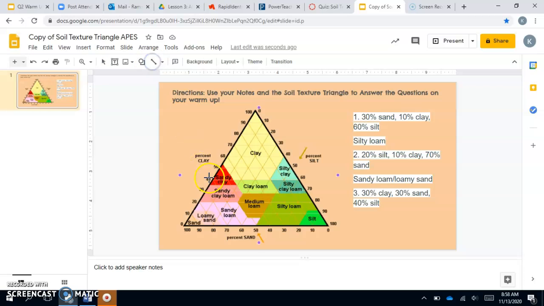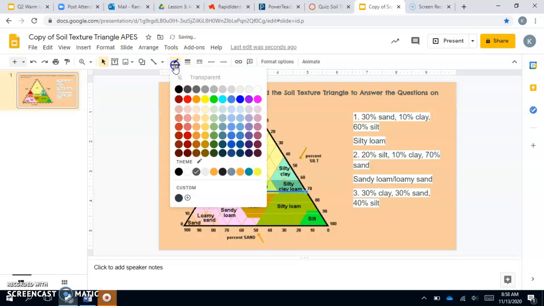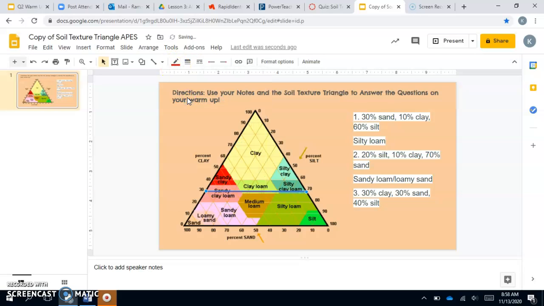So like always, I'm going to start with my clay side. So we've got 30% clay. So I'm going to find my percentage clay. I'm going to draw my line from left to right. Make this guy red. And then I have 30% sand, or let's do silt next.